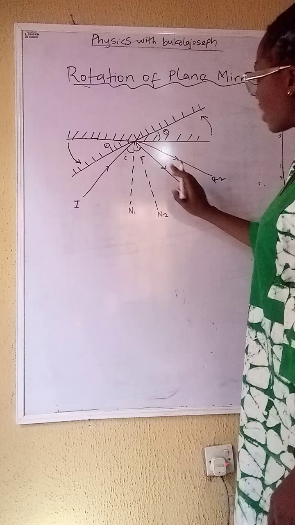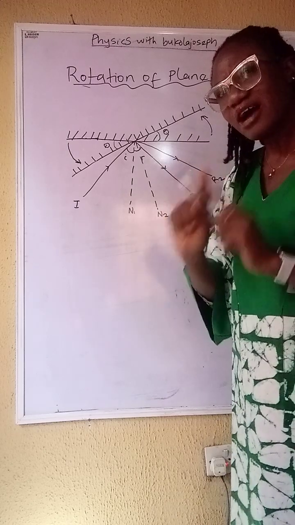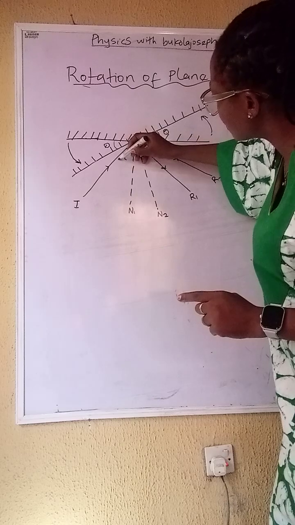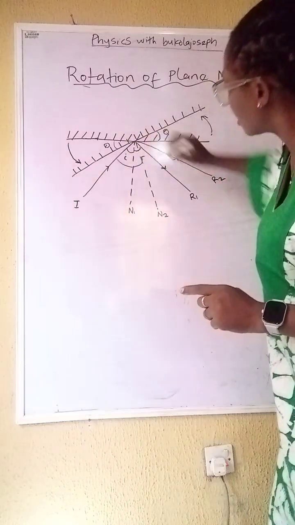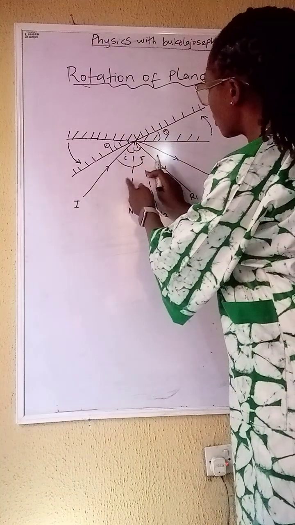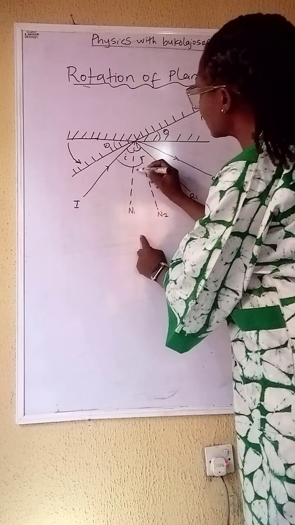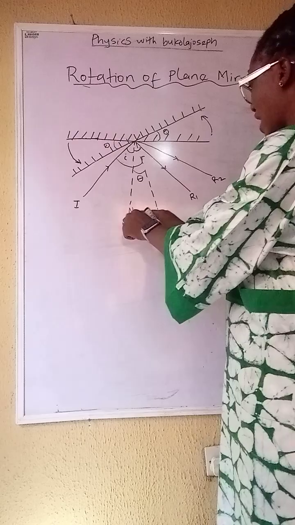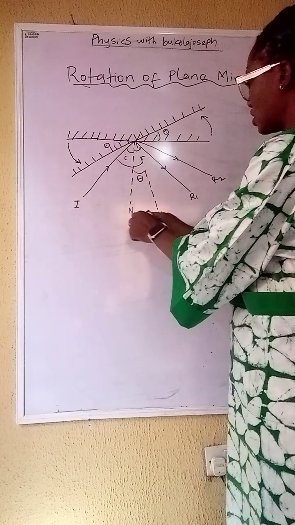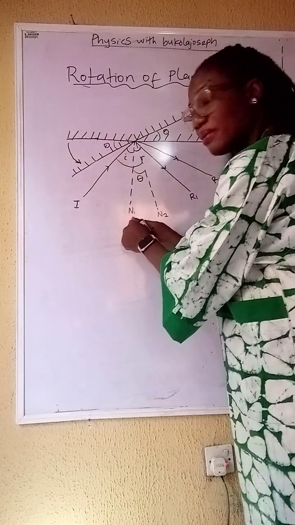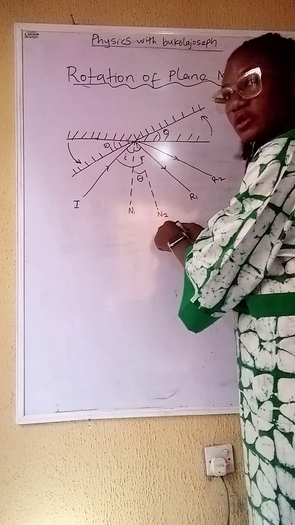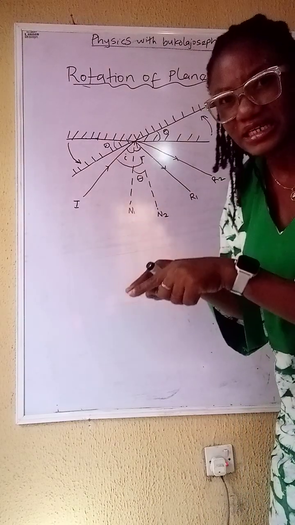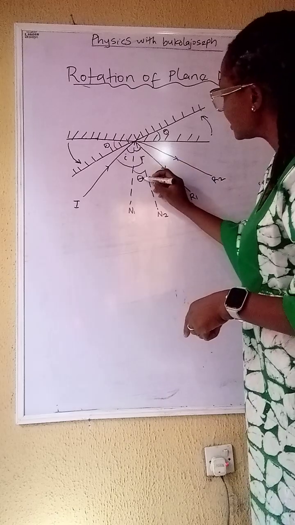Now the angle of incidence after rotation will be from here to here. The angle between the two normals is theta. That's the angle of rotation: the angle between N1 and N2, the normal before rotation and the normal after rotation, is theta.